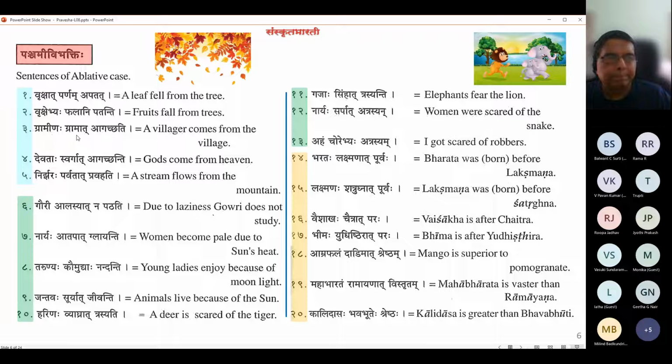Graminah gramat agachati. A villager comes from the village. Devtaha swargat agachanti. Gods come from heaven. Nirjarah parvatat pravahati. A stream flows from the mountain.